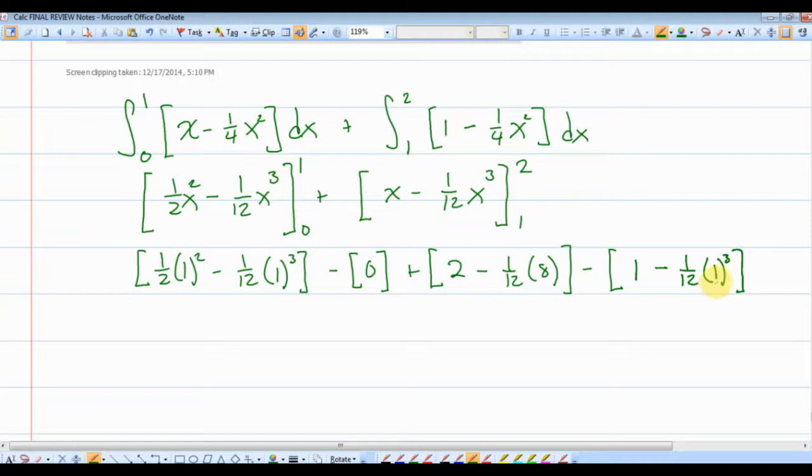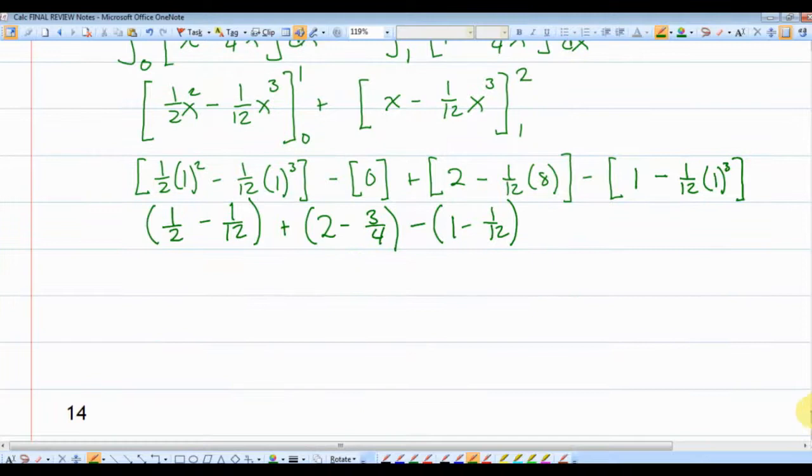No, it's not going to cancel out, is it? I got 1/2 minus 1/12, plus 2 minus 8/12 is 3/4, minus 1 minus 1/12. Everything has a common denominator of 12, yeah? Okay, so let's do this as over 12. 6/12.